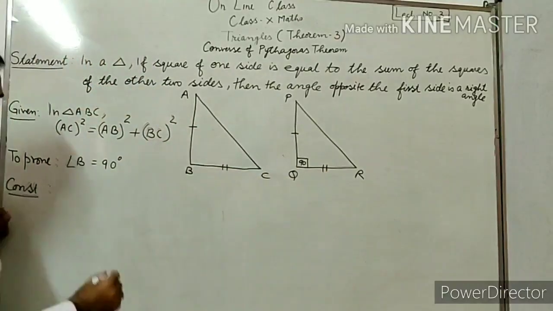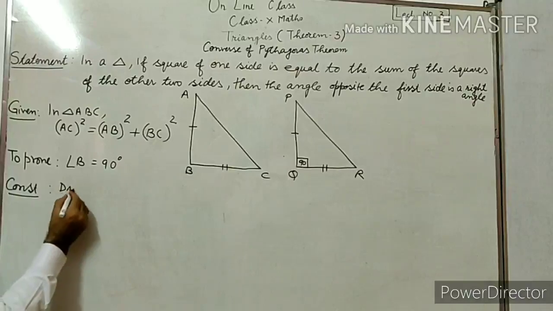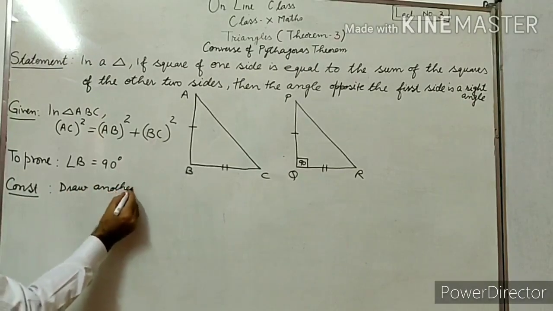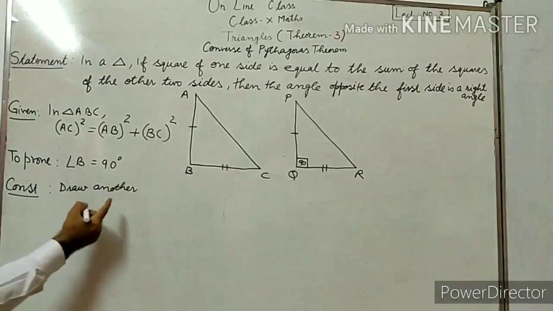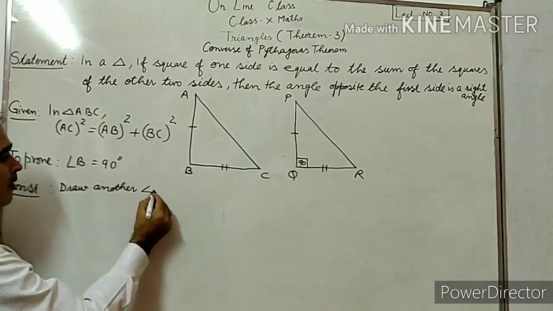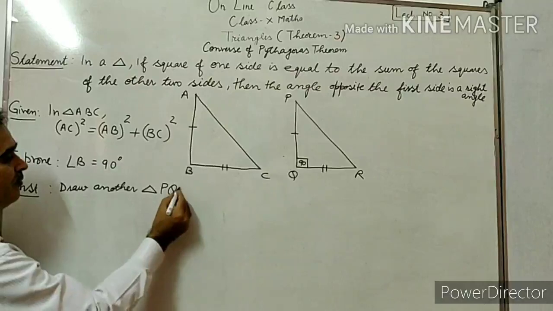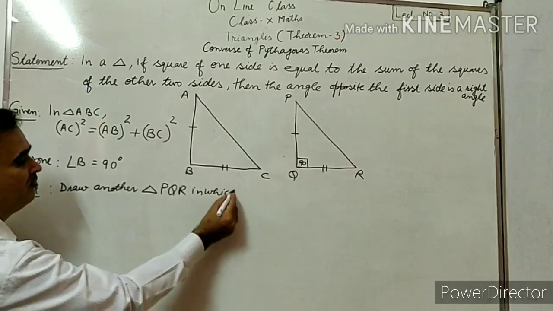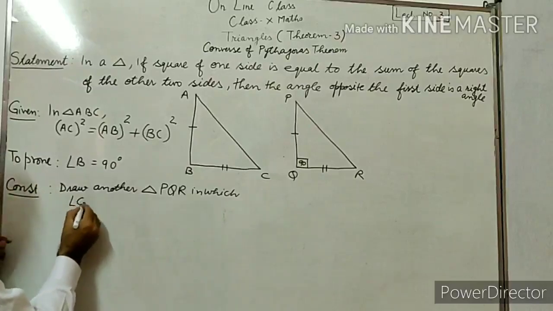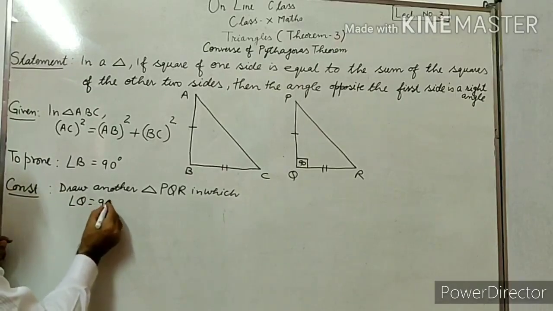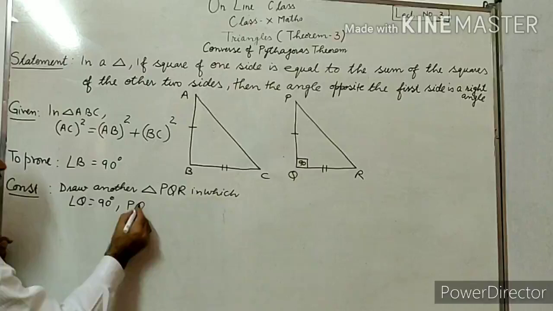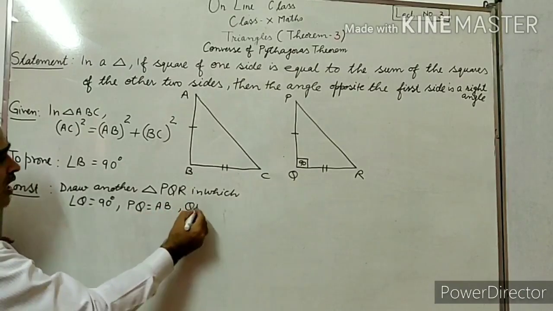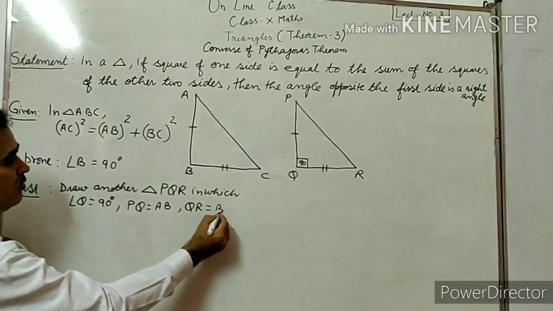You see friends, draw another triangle. It is a very easy theorem. Draw another triangle PQR in which angle Q equal to 90 degrees and PQ equal to AB and QR equal to BC.